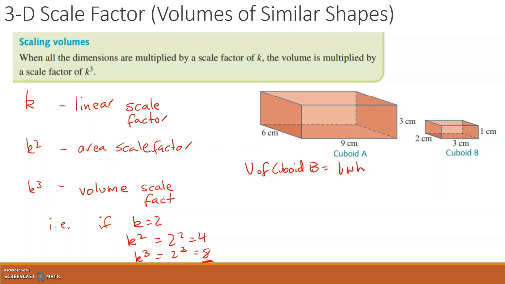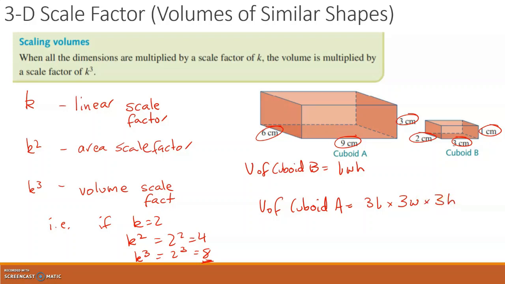Now we said before the scale factor going from cuboid B to cuboid A is 3 because 1 is tripled to make 3, 3 is tripled to make 9, etc. And 2 is tripled to make 6. So that means the way we could work out the volume of cuboid A is with 3 times the length because the length is tripled, times 3 times the width because the width was tripled, and 3 times the height because the height was tripled.